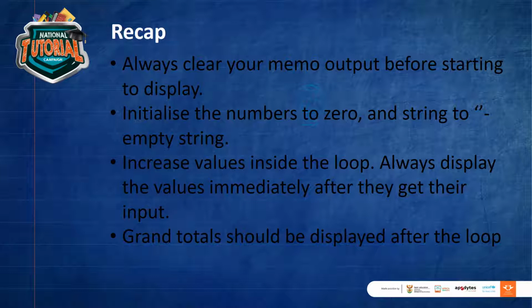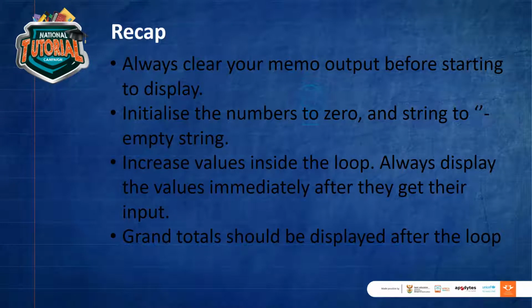And then you make sure that you increase values inside a loop. Always display the values immediately after they get their input. And whenever you're working with grand totals, you should display them after the loop. This is sort of what we covered in the previous lesson.